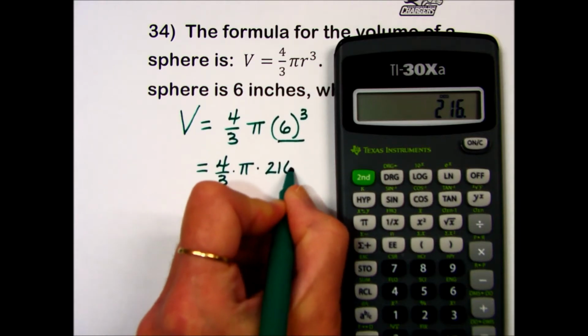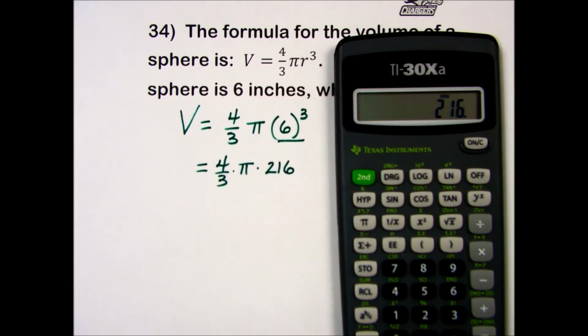So I have the fraction 4/3 times pi times the result of 6 to the third power, which is 216. Now, if I follow the order of operations, multiplying left to right, and I clear this, I'm going to take the fraction 4 over 3, times pi, which has a value approximately of 3.14, and then multiply it by 216.